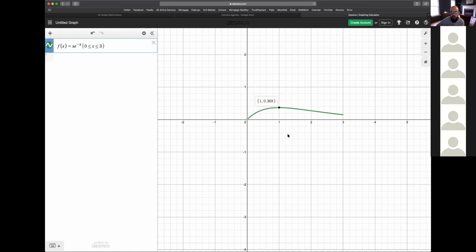And then if we check the endpoints, plugging in our values, and look at it graphically, it looks like everything else is smaller than this point right here. We see that this is our global max, and then our global min would be at 0.